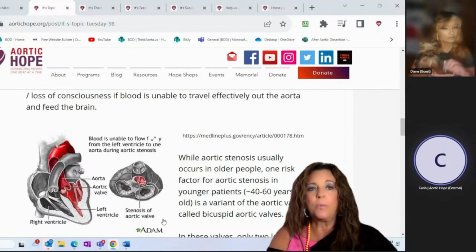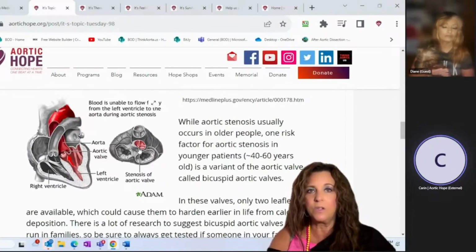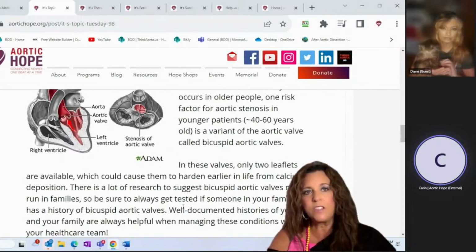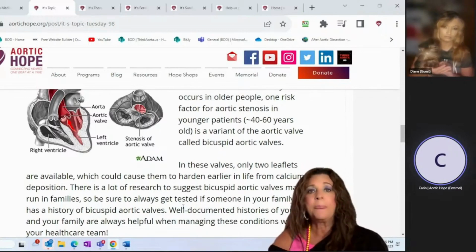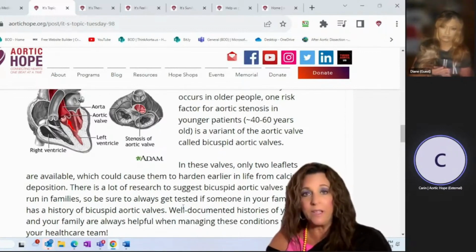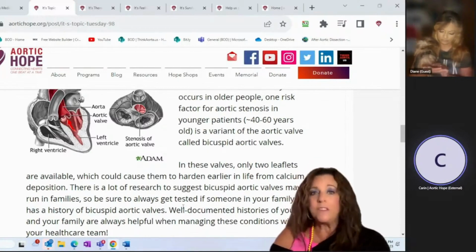All right, so in bicuspid valves, and they're showing some stenosis right here. In bicuspid valves, there's only two leaflets, and that can cause them to harden earlier in life from calcium deposits, okay? There's a lot of research to suggest that bicuspid aortic valves could run in family. I know that there's research studies that have been going on regarding this as well.